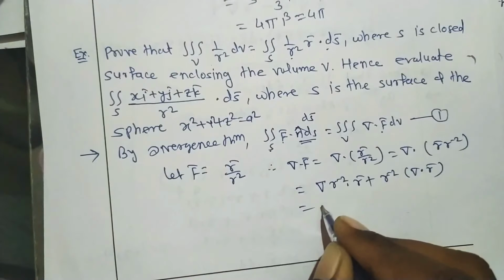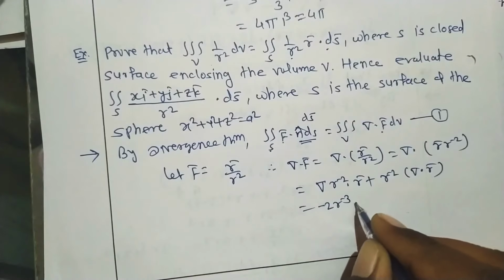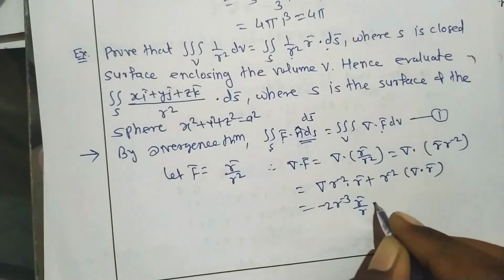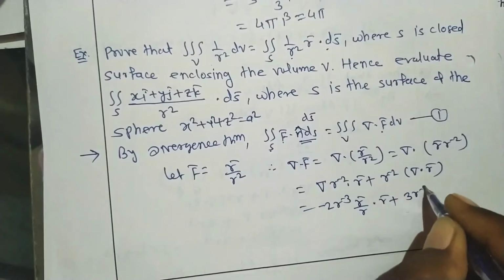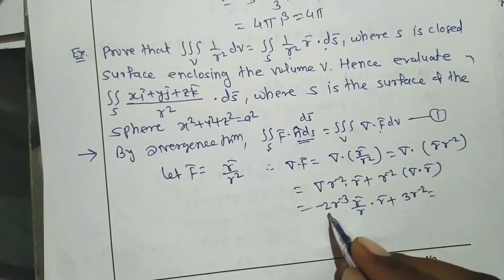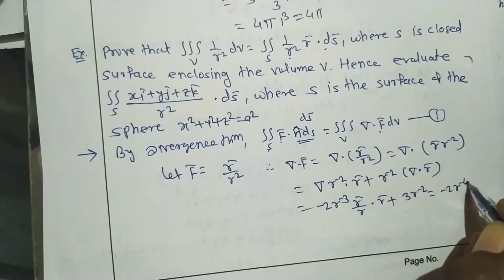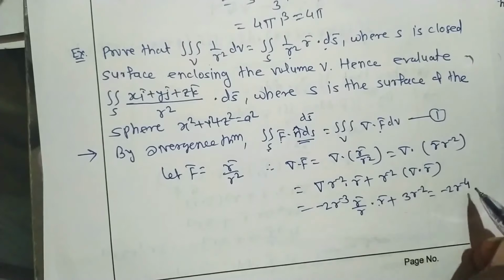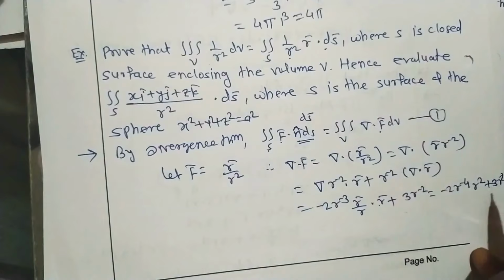And del of r raised to minus 2, how do we write it? Minus 2 r raised to minus 3 into del r, which is r bar upon r, dot r bar, plus del dot r bar is 3, so 3 into r raised to minus 2. So what is this? This minus 2 r raised to minus 3 upon r is minus 2 r raised to minus 4 into r bar dot r bar, which is r square, plus 3 r raised to minus 2.